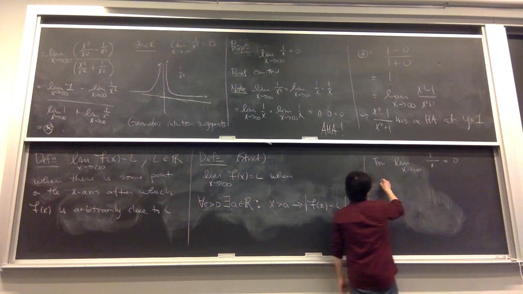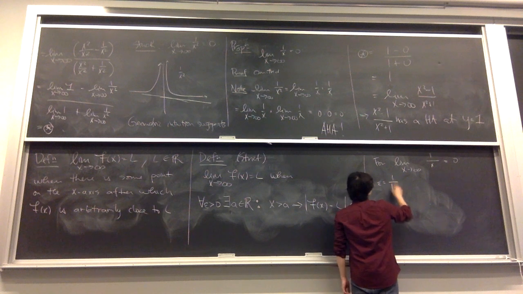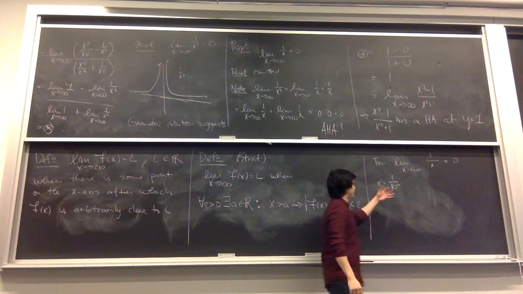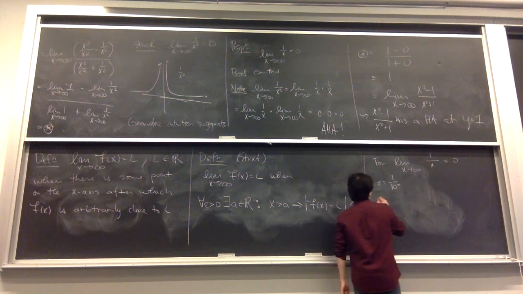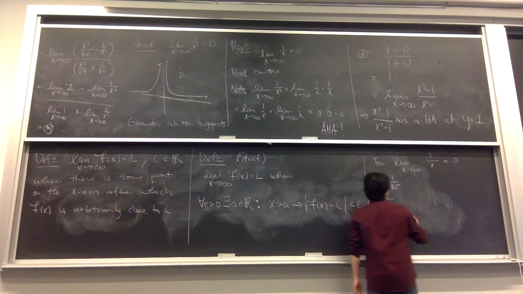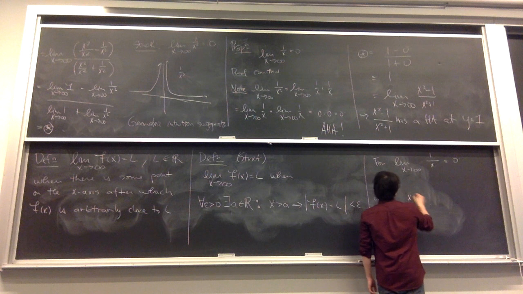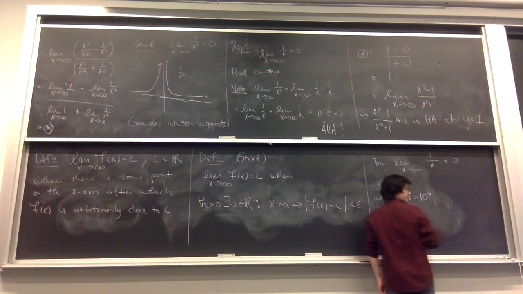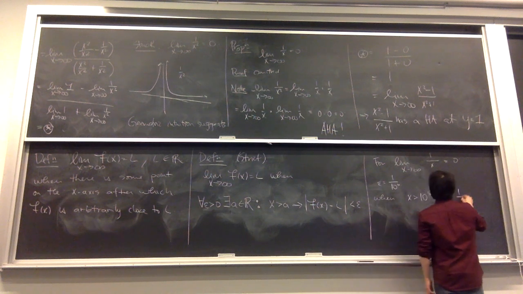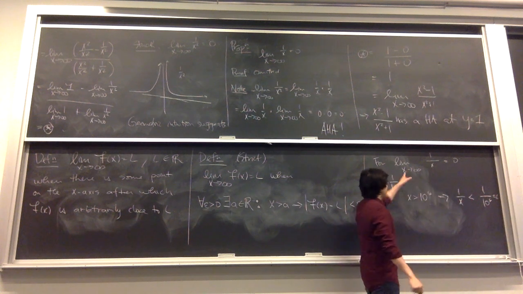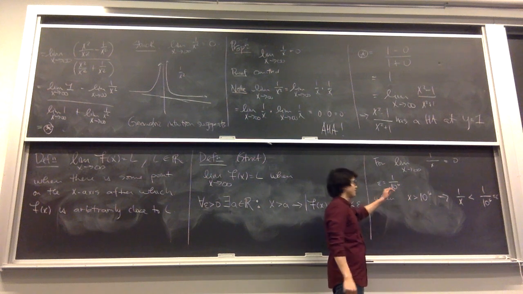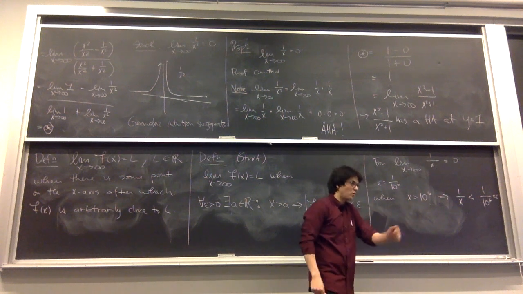So you're saying, at some point, you should get this close to the limit 0. And I'm going to say, yes. So when x is bigger than 10 to the power of 6, we know that 1 over x is less than 1 over 10 to the power of 6, which is your epsilon. So you're saying, if you can get to 0, then you should be able to get 0.000001 close to it.